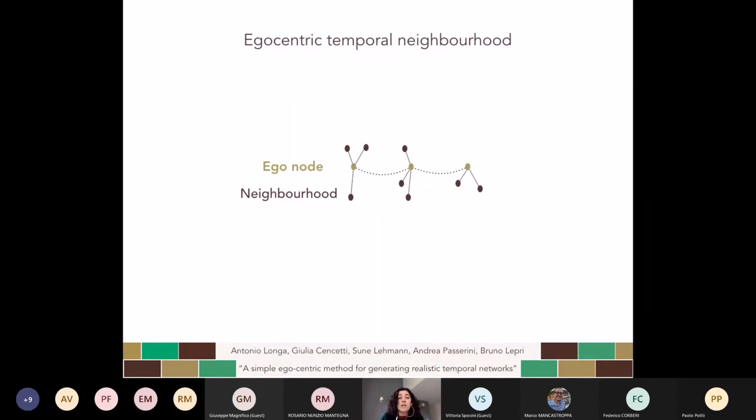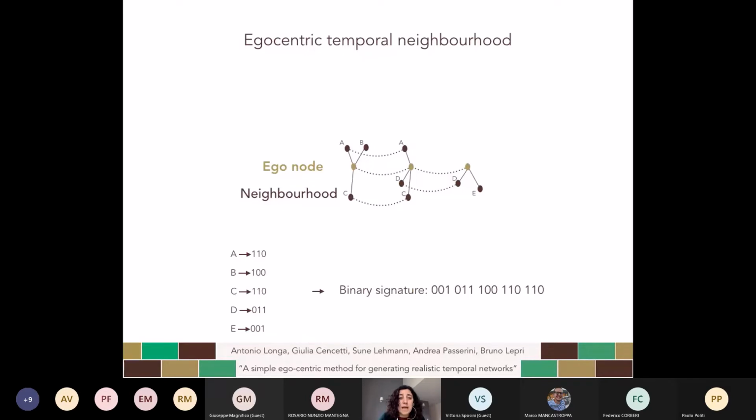And we consider this neighborhood just for a few time steps. So the number of time steps is a free parameter for our model, but in the following, I will consider it fixed at 3 time steps. So this structure that we find, we call it an egocentric temporal neighborhood.